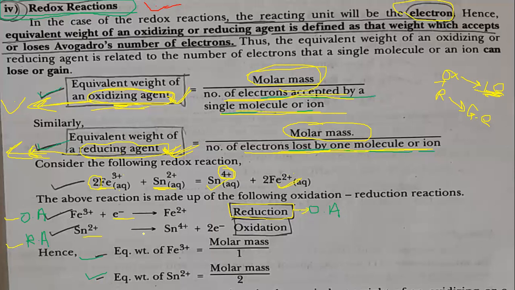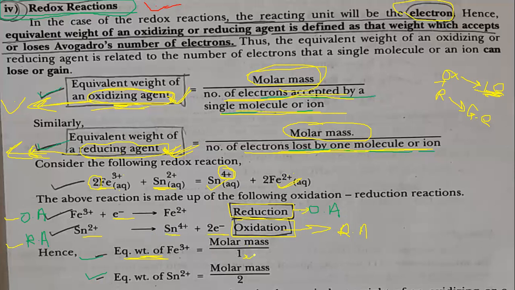Now Sn2 plus loses electrons. It loses electrons means it undergoes oxidation. So this is the reducing agent. Now therefore the equivalent weight of Fe3 plus is molar mass upon 1. Why 1?